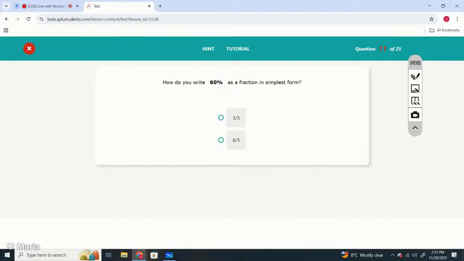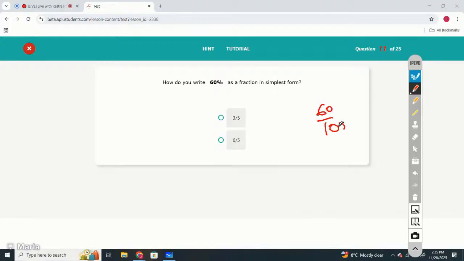How do you write 60% in the simplest form? We can write it as 60 by 100. So 3 by 5 it is.